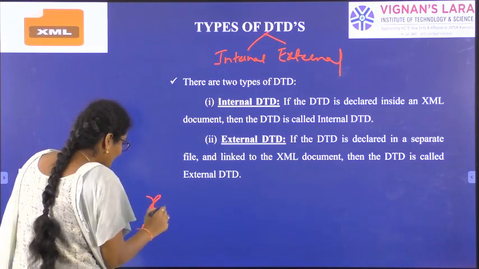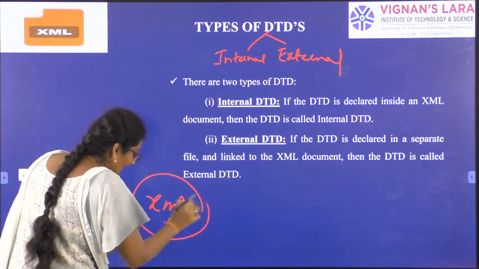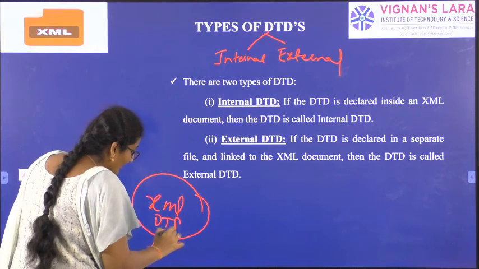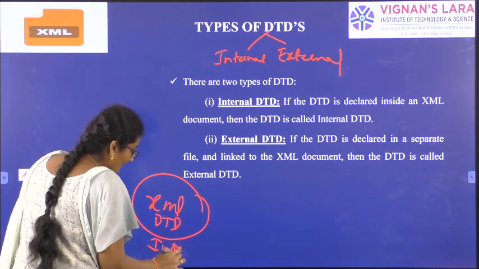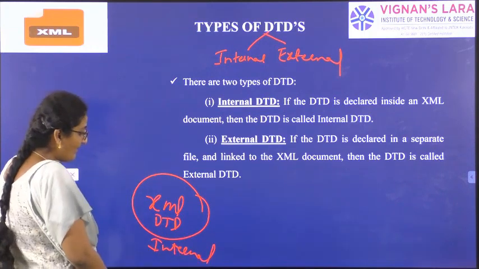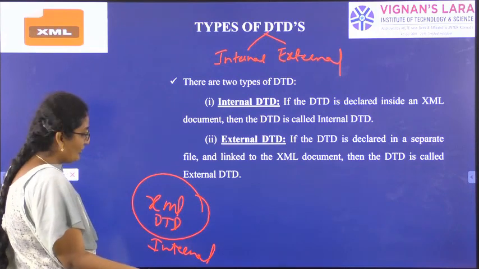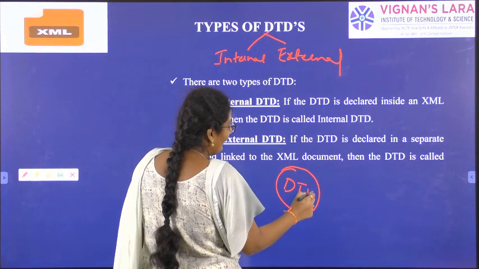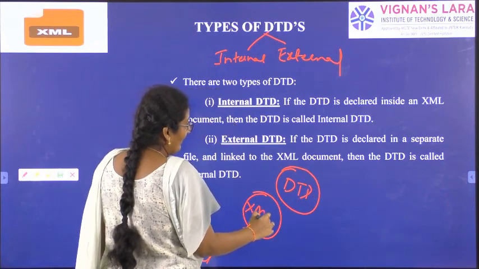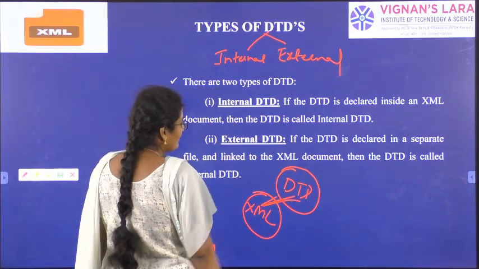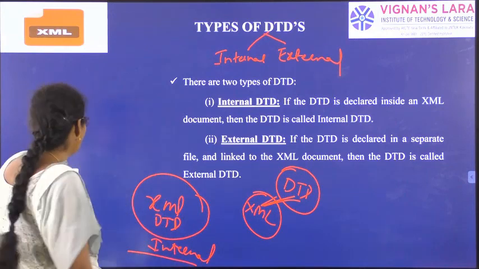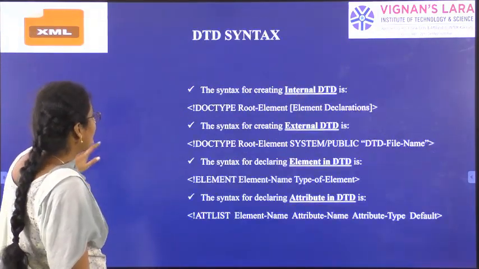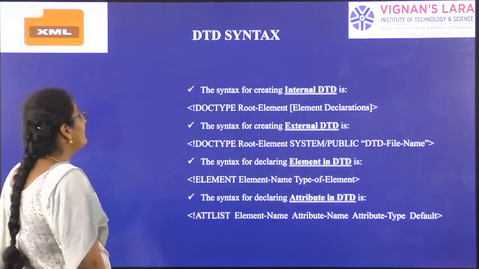If we have an XML file and inside of it we declare DTD, that is internal. Separate DTD file, separate XML file, we attach these 2, it is external DTD. So first let us see what is the syntax for DTD.